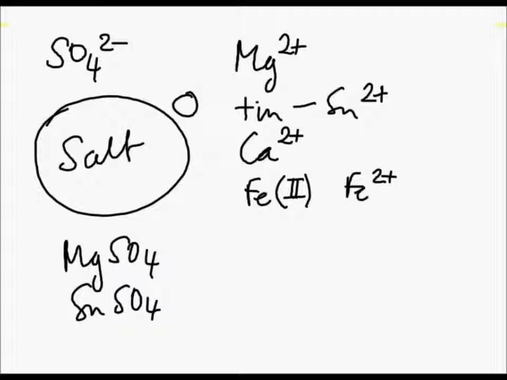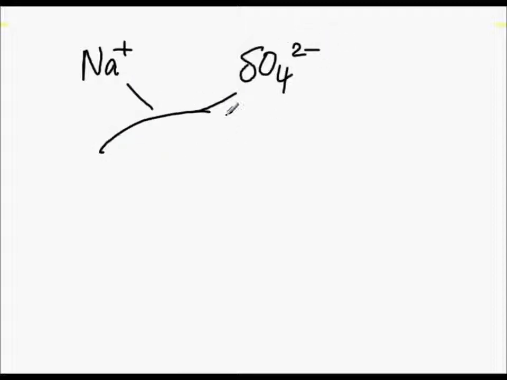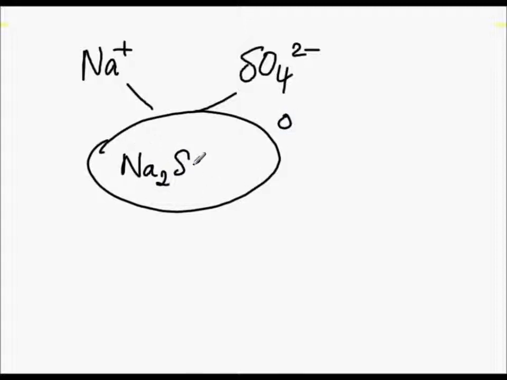It gets a little bit more complicated when you've got something like sodium, which is only 1+, and you've got sulfate, which is 2-. But you've got 1 positive charge here, and you've got 2 negative charges here, so how do you balance that out so that overall you get a compound with no charge? Well, you use 2 sodiums and 1 sulfate, and guess what?